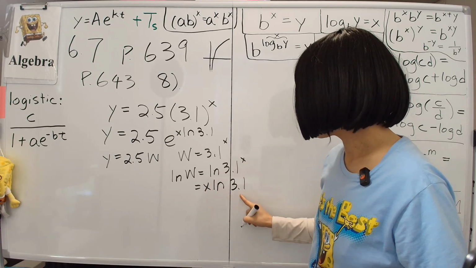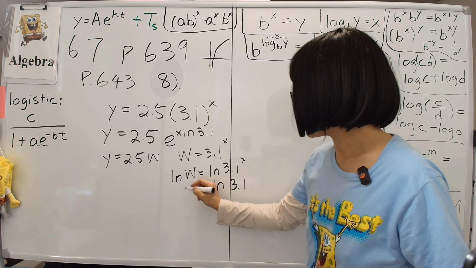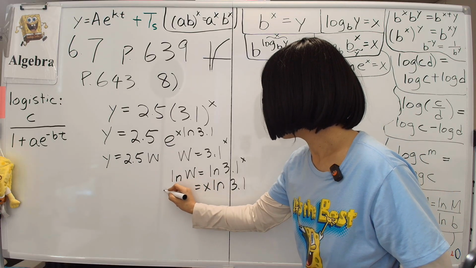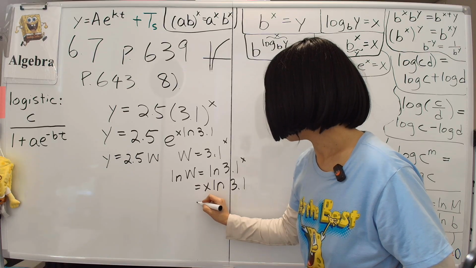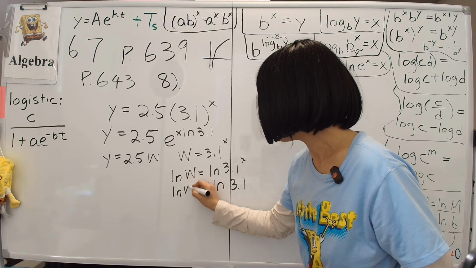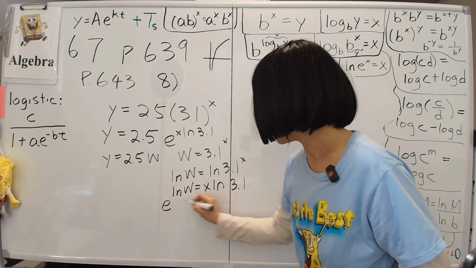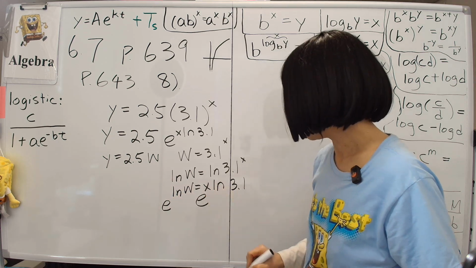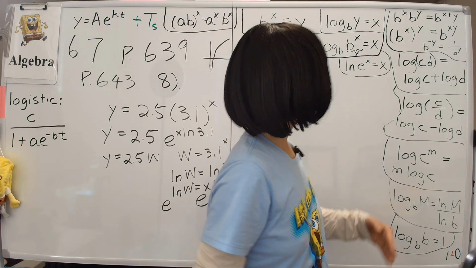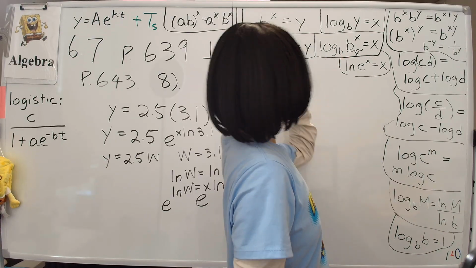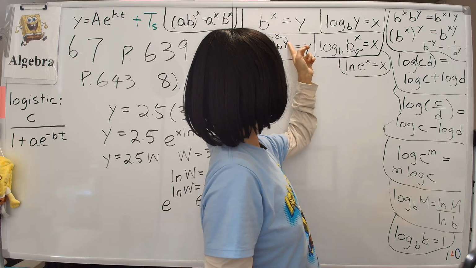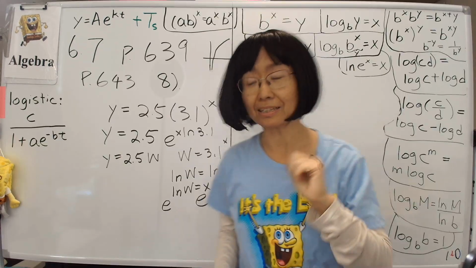And then that's natural log of w. So then w itself, we'll write a giant e under it. So this is natural log of w. If we write down an e down here, this value, e and natural log will cancel themselves out, just like b and log base b cancel themselves out, so we're left with just the stuff inside.